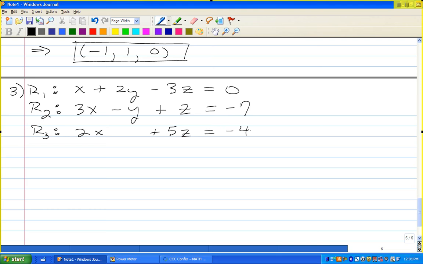Okay, so the first thing that I notice here is that this third equation has no y term. And so that makes it particularly nice. So that means that if I can somehow eliminate y from the other equations, then I will be done with that step.